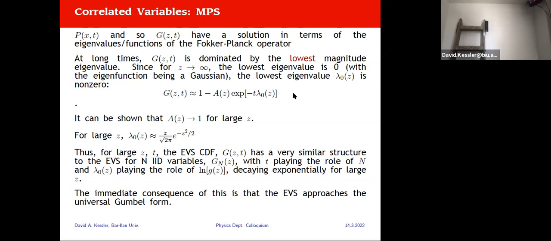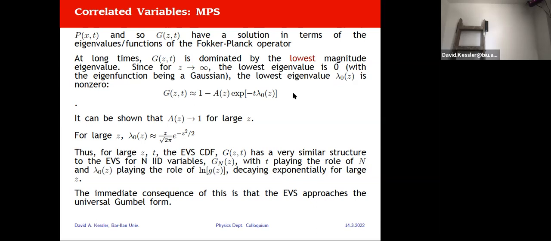And they both decay like a Gaussian for large z. So the EVS behaves as if it was coming from independent variables whose log of cumulative distribution function is lambda for large times. The consequence is, first of all, that it does approach Gumbel.